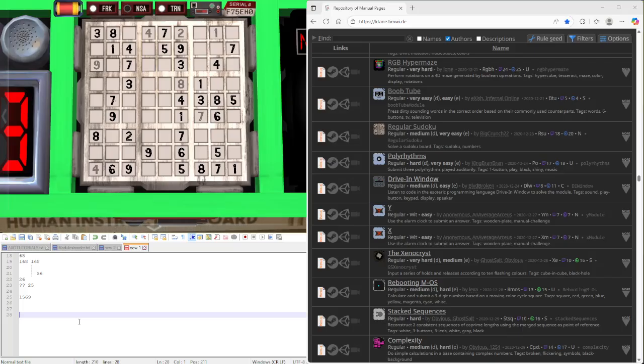Left here is 1, 3, 5, 7. That could be 3, 5. 7. 5. 3.